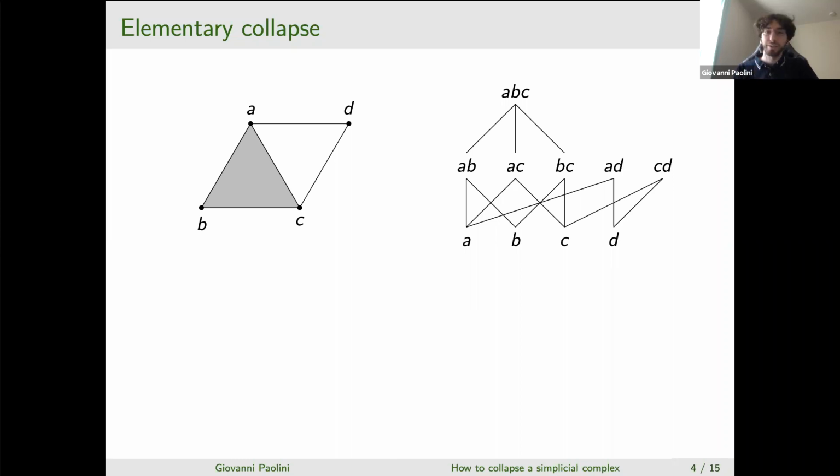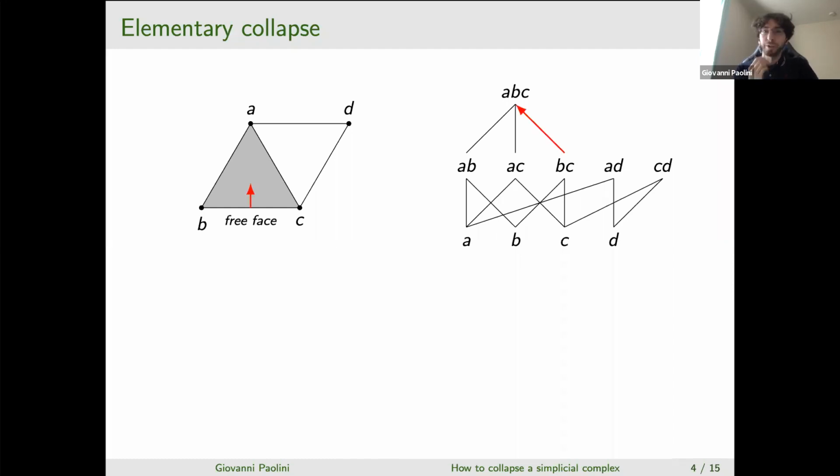And the basic ingredient for it is called elementary collapse, which goes back way earlier than when discrete Morse theory was introduced. This goes back to Whitehead, I believe. The idea is very simple.